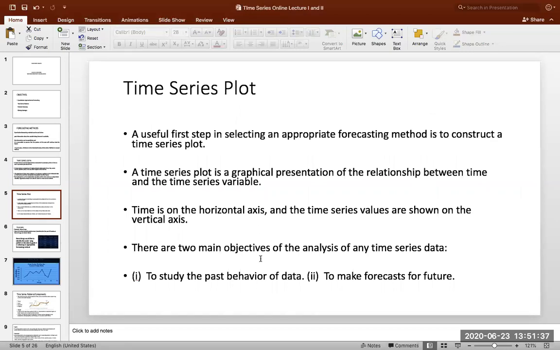So it has two main importance here. First, it helps you to understand past events, so past behavior of the data. If you are going into, let's say, a certain trade, you are going to sell car tires, and a particular trader has recorded how he sells the tires.